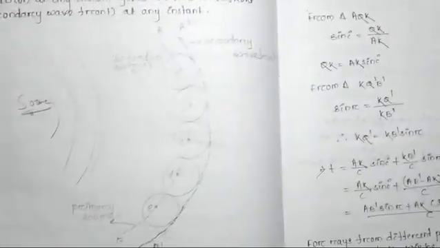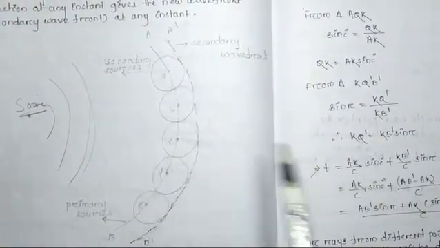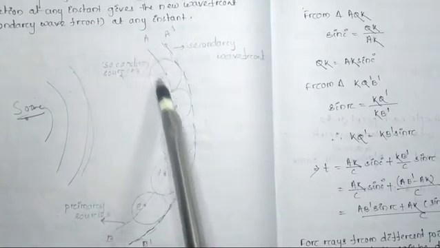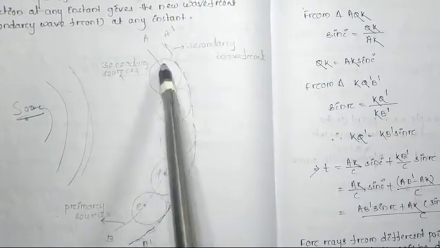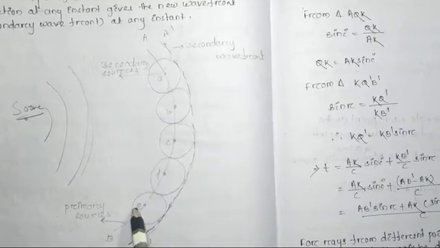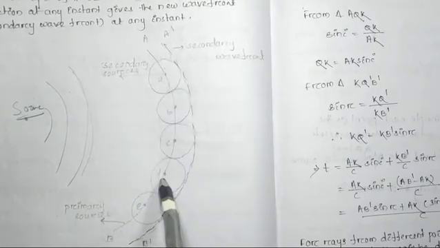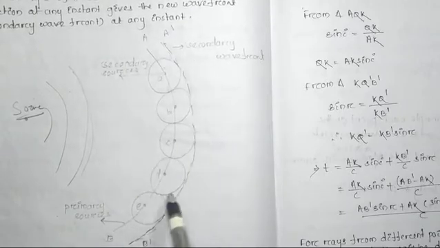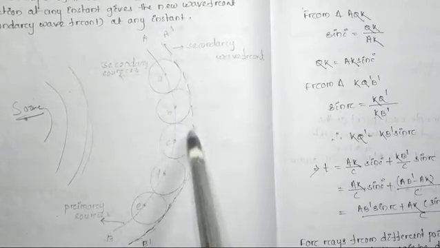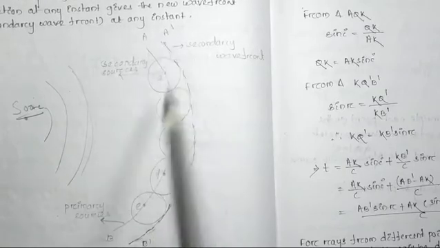So we can say that from this primary wavefront we found a number of sources. These points are called sources from which the waves are propagating, due to which we got the secondary wavefront, A dash B dash.